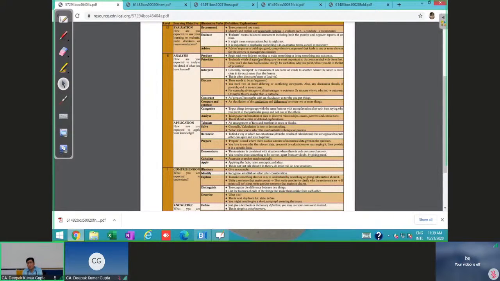After assessment of each option, you have to recommend a suitable option. Therefore, it is very important to understand this skill assessment grid and write the answer according to these levels of verbs.